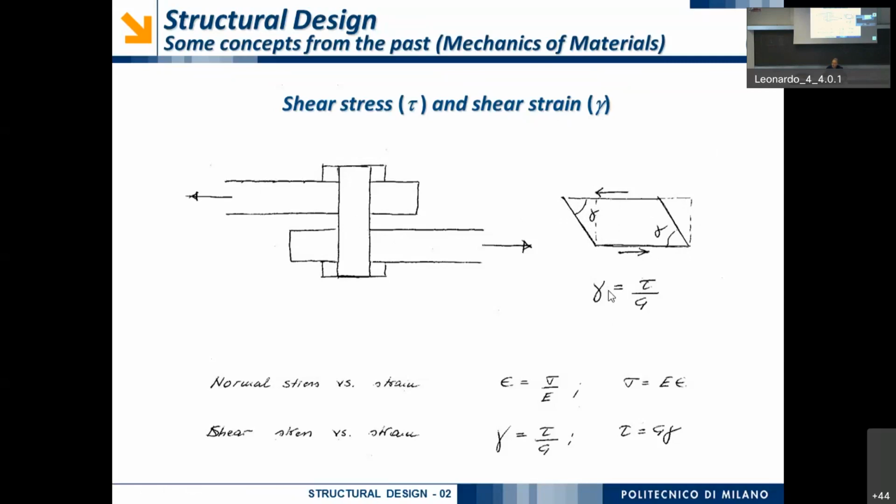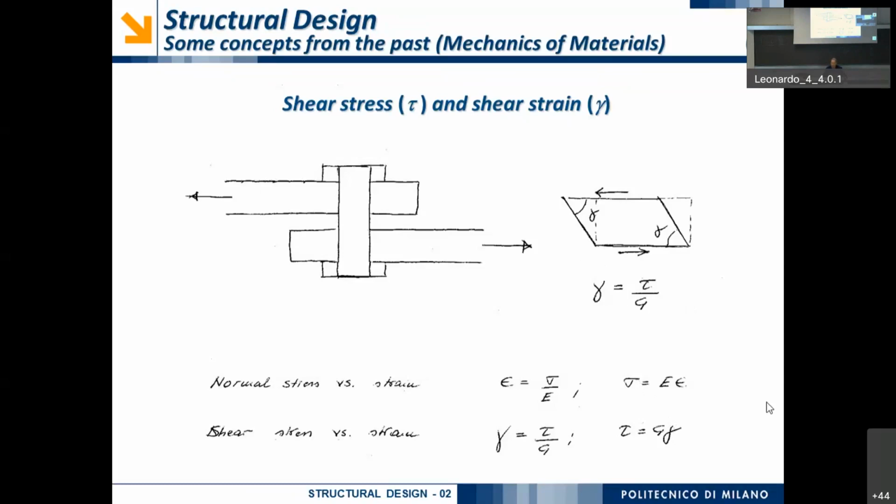So this variation of the angle is proportional to the shear stress. So from the shear resultant, we have that some shear stress tau is arising. And from the shear stress, we have a variation of the 90 degrees angle.